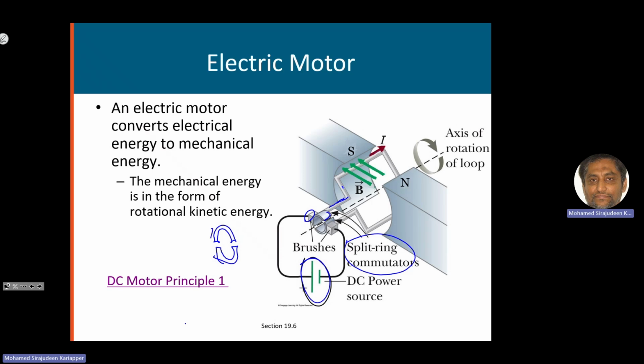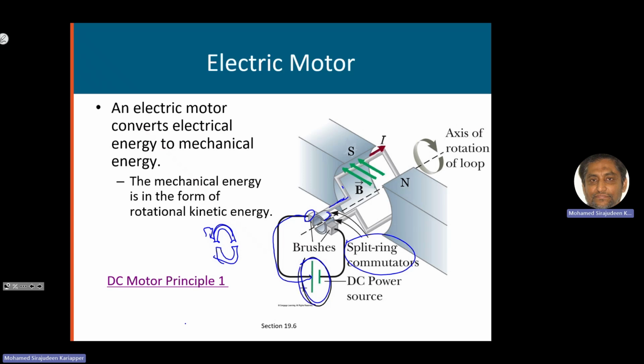The brush from the positive terminal of the battery will be touching the upper ring at one point. And the split ring is attached to the coil, so it will be rotating with the coil as well.